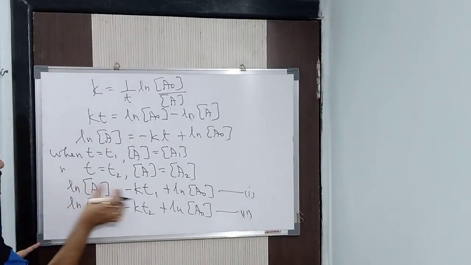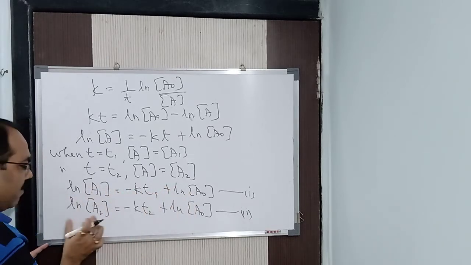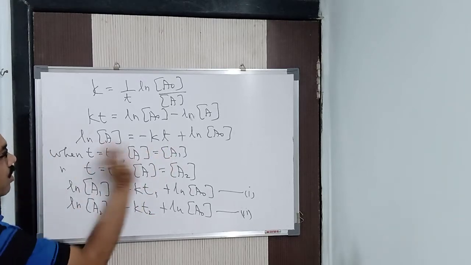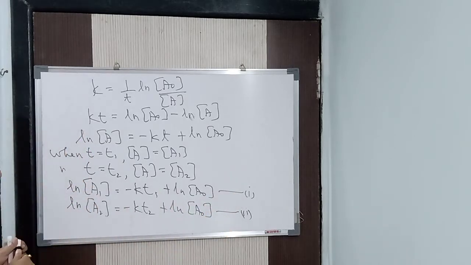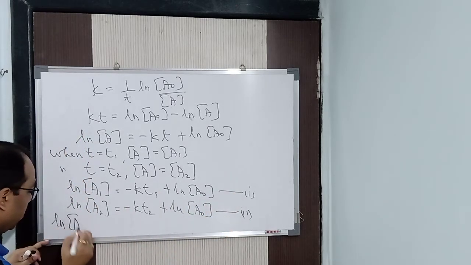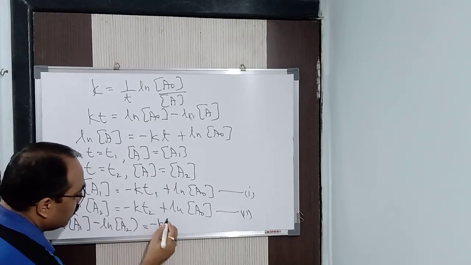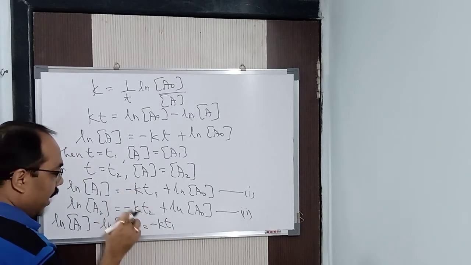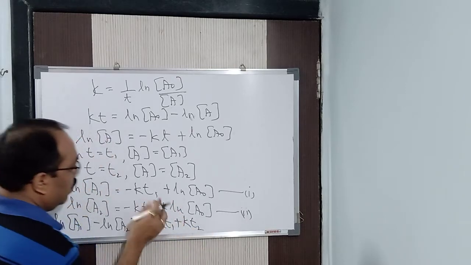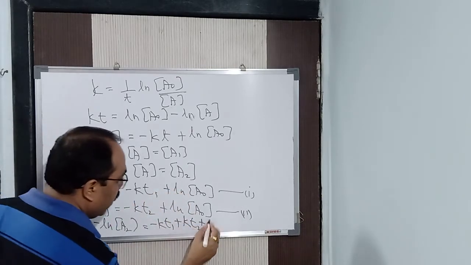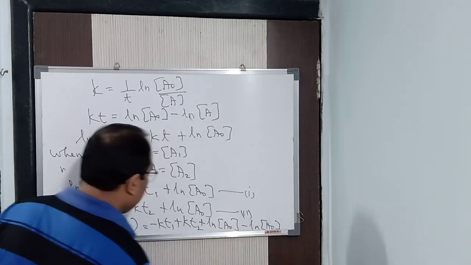Alright? After certain time T1, this is your concentration, and after certain time T2, this is your concentration. Already I have written it. Now what I need to do, I will subtract 1 minus 2. That means here ln A1 minus ln A2 is equal to minus KT1, minus of minus it will be plus KT2, plus ln A naught minus ln A naught.